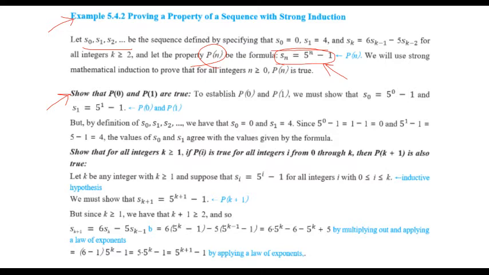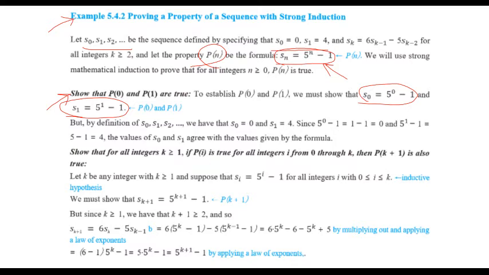In order to prove that P of 0 and P of 1 are true, we must show that S of 0 is equal to 5 to the power 0 minus 1, and S of 1 is equal to 5 to the power 1 minus 1. So we have to replace n by 0 and n by 1 in the general formula that is given in this problem.